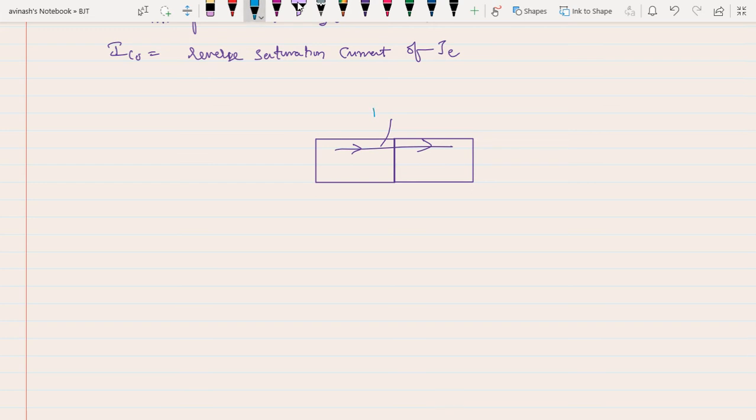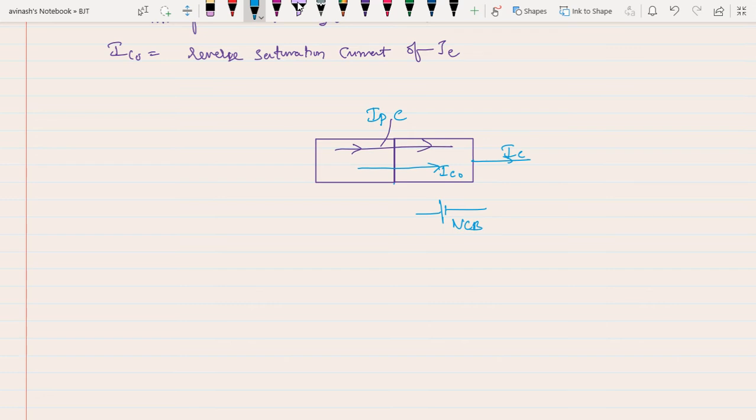Remember this point, IPC. And the small flow of current, the reverse saturation current, is nothing but IC naught. This will be IC. And this will be VCB.